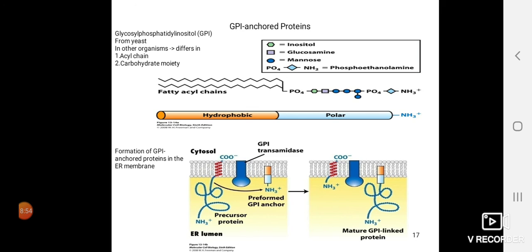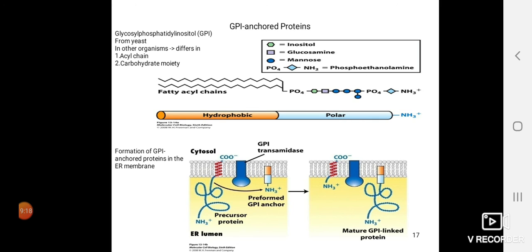These transamidases cut the peptide bond and transfer the chain onto another molecule carrying an amino acid, forming an amide bond. That's why we call them transamidases.